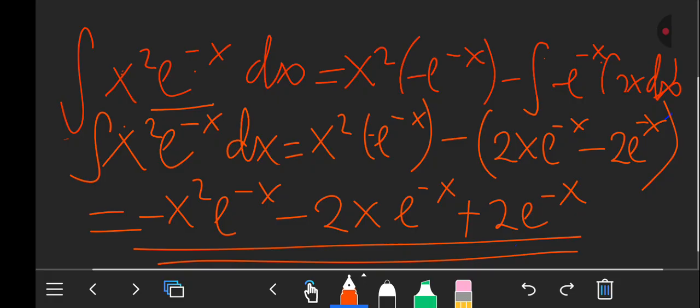But in a case where you have something like ln x, it is advised to make ln x your u, because once you differentiate ln x, it will give you 1 over x. But it will be very difficult for you to integrate it unless you know some formula or concept you need to apply. So it's best that you take it to be u.